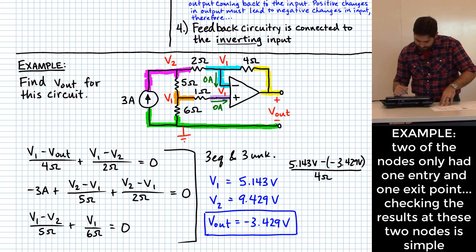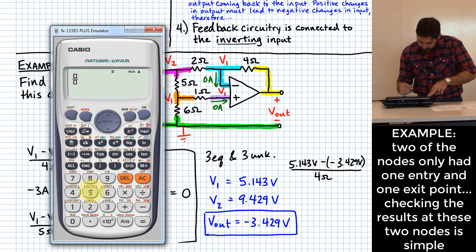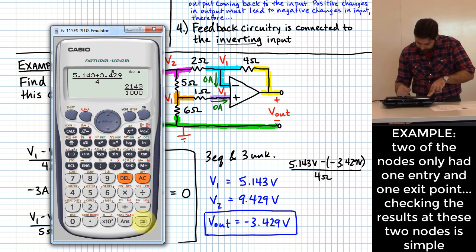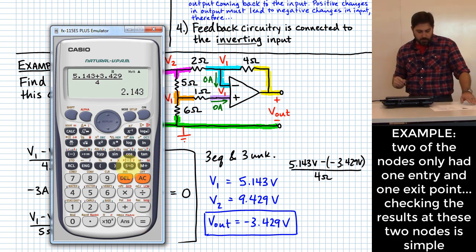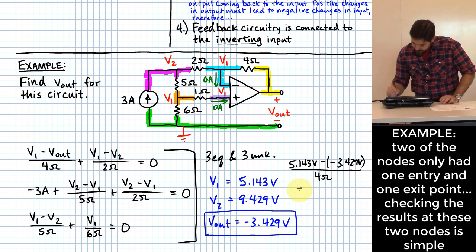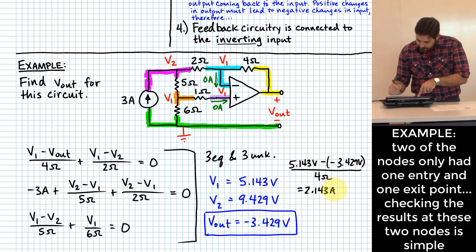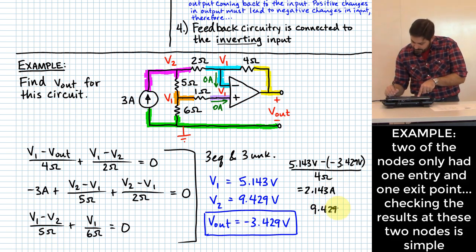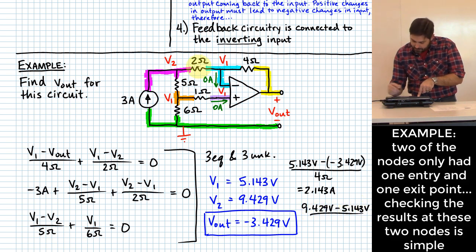Anyone have that? Okay, I'll do it real quick. 5.143 minus, well, plus really, right? Plus 3.429 over 4. That gives me 2.143 amps. Now, what if I take V2, 9.429 volts, minus V1, 5.143 volts, and divide that by 2 ohms.